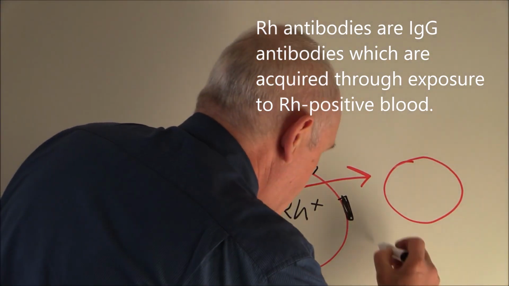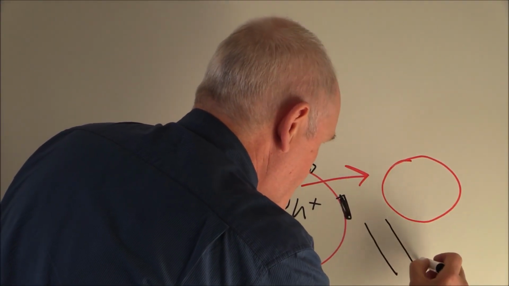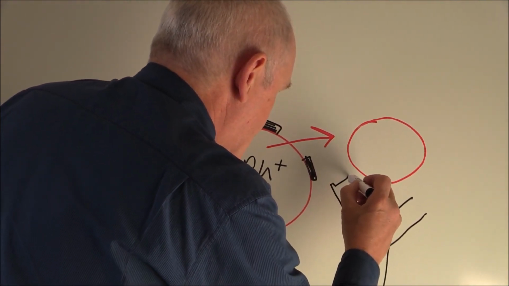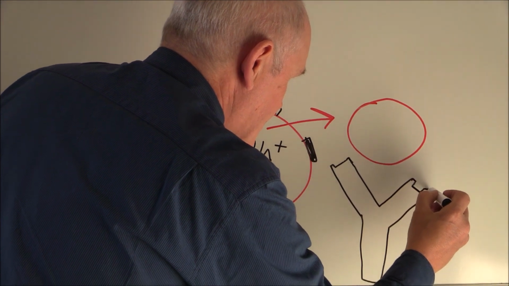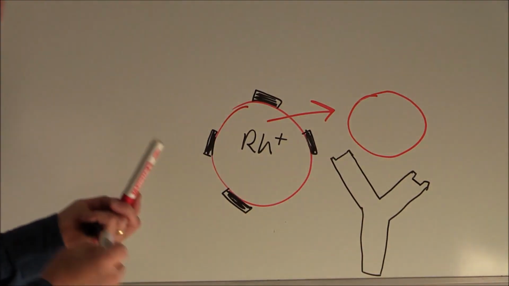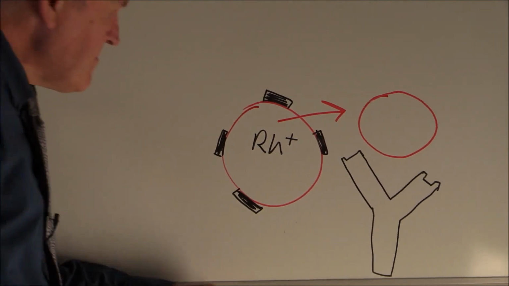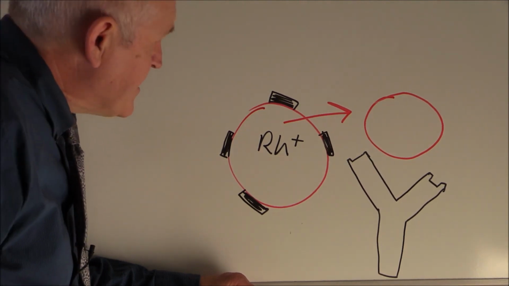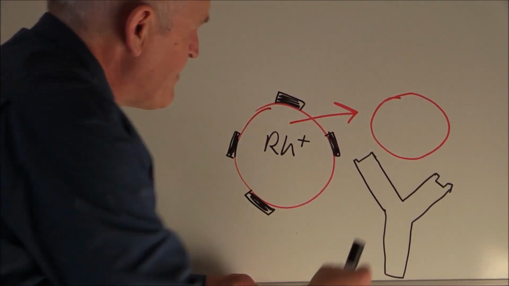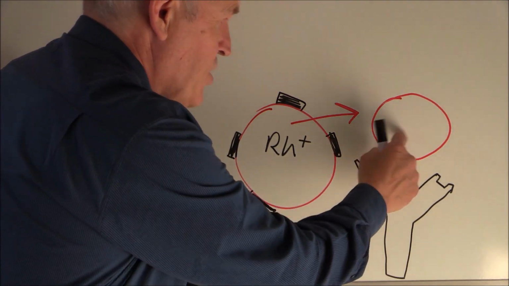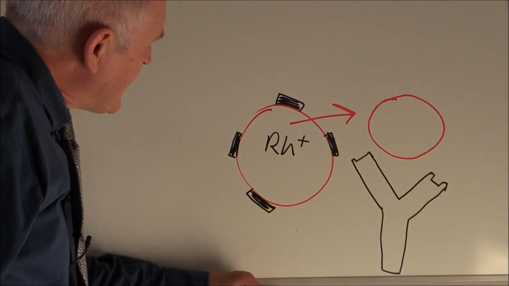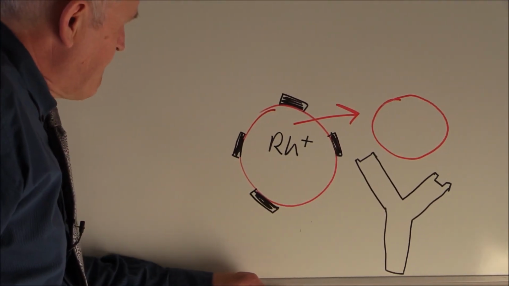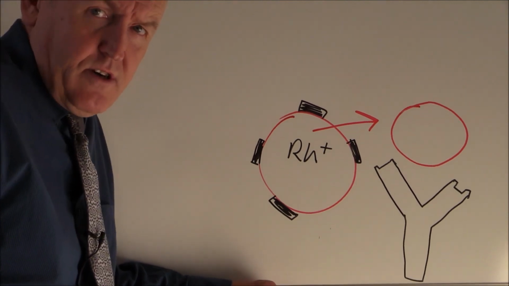And these are going to be Y-shaped molecules, like this, with a specific receptor for the rhesus factor present at the end of the immunoglobulin. So these rhesus factor antibodies, the IgGs in this case, will only be produced by a recipient who is rhesus negative, who is exposed to rhesus positive blood. That is the essence of the physiology.